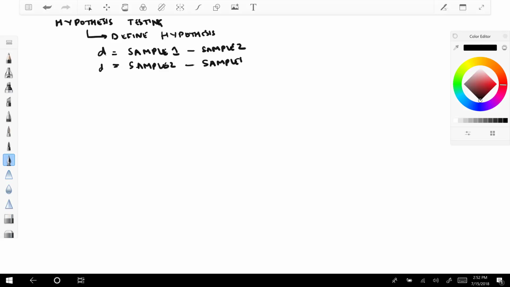This is very important to define because your values will change based on how you choose.